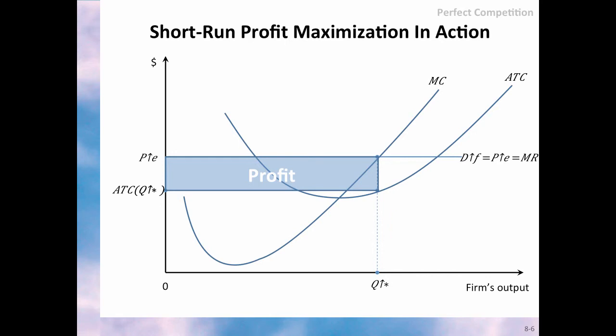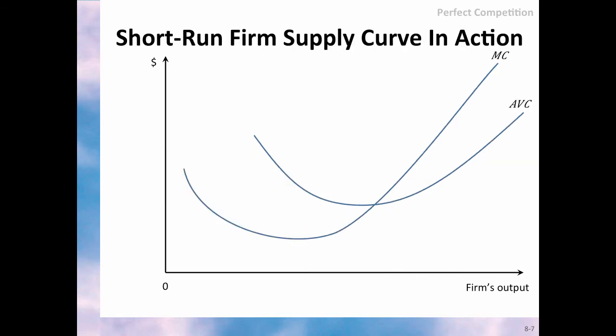Now, a very important feature of this model is that in the short run, the short run supply for a perfectly competitive company is its marginal cost MC curve above the minimum point of the average variable cost or the AVC curve, which is illustrated by the red curve on this chart.